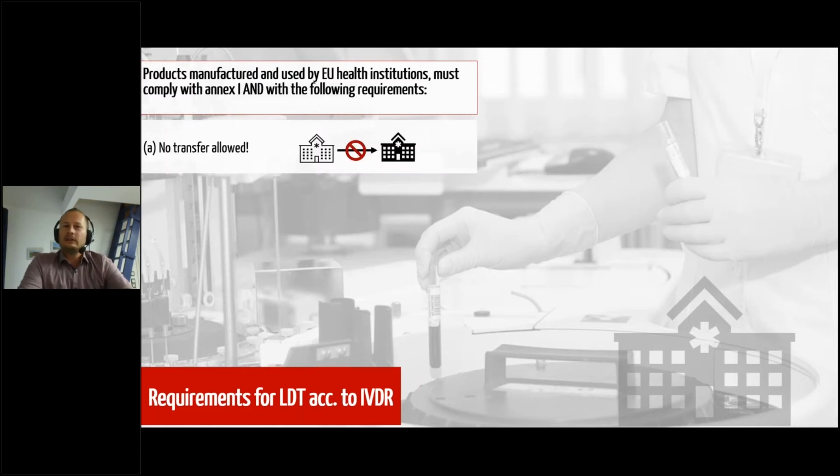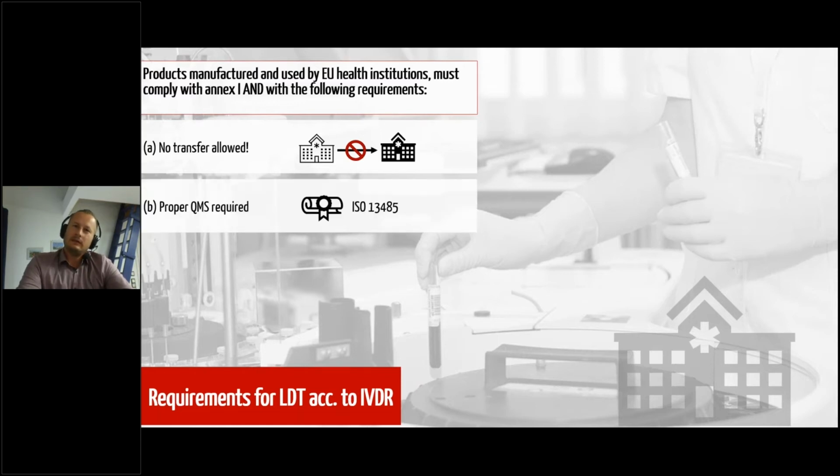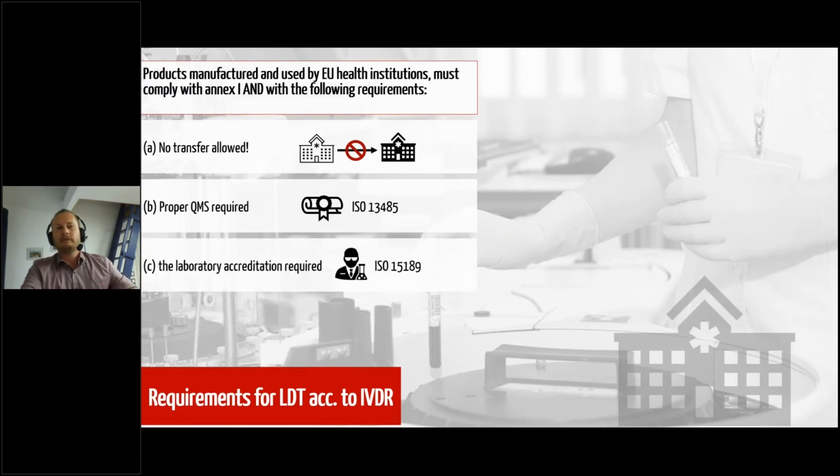It is not allowed to transfer the products to other entities, to other companies. You need to provide a proper quality management system for manufacturing. That means ISO 15189 is maybe not sufficient, so you need to at least apply some chapters of ISO 13485 to be compliant.